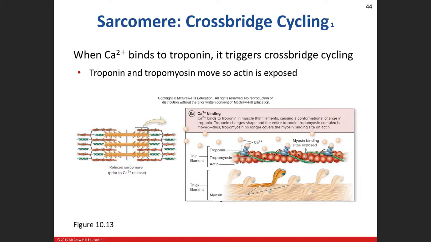So here's what happens, right? And I've told you the story, you just saw it on the video. Calcium diffuses into the sarcoplasm, right? It binds to the troponin, which sits on top of that rope-like regulatory protein, the tropomyosin, right? It causes it to shift off of the myosin binding sites on the actin. So now that myosin binding site is exposed, so we can start to begin our cross-bridge cycling.